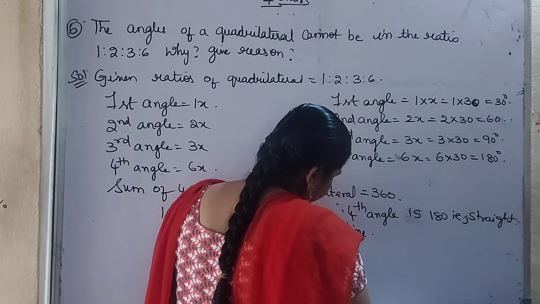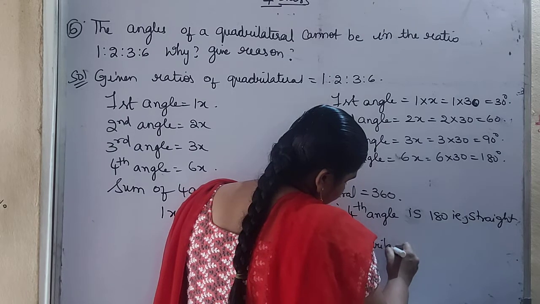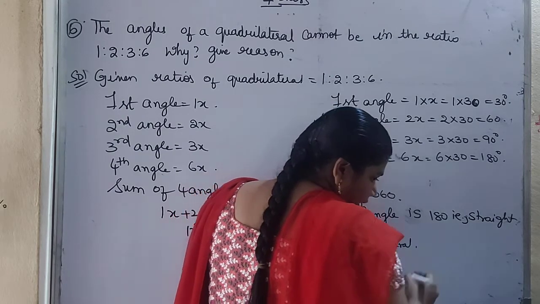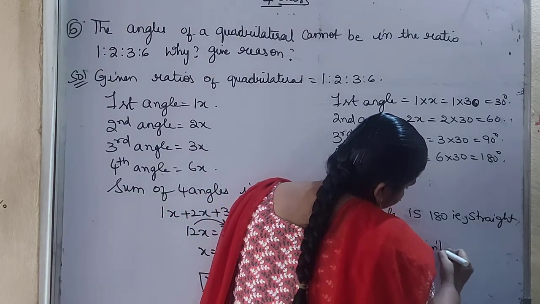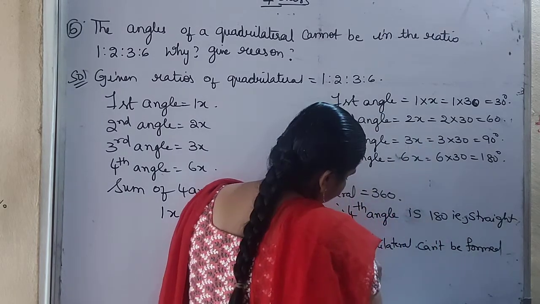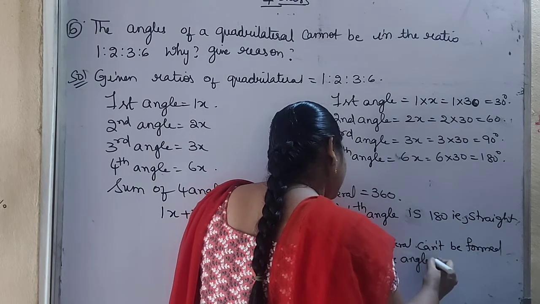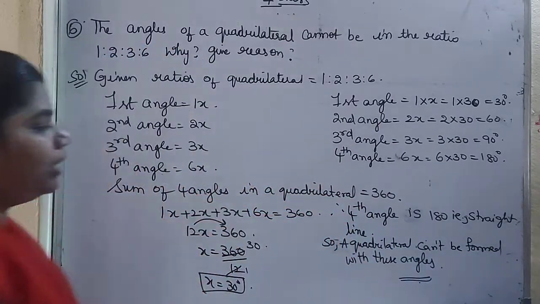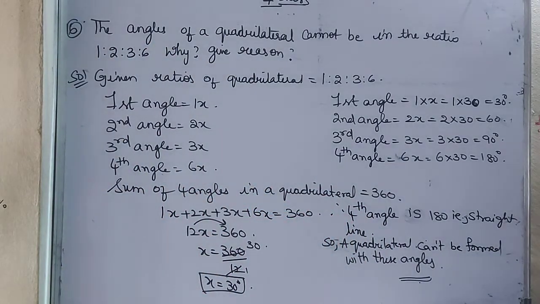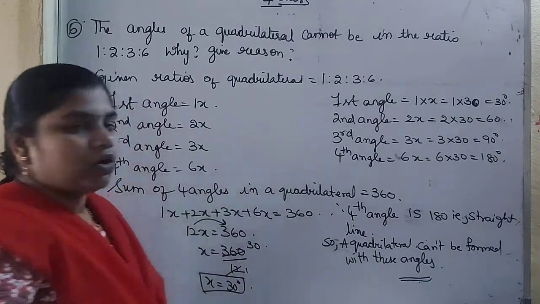So a quadrilateral cannot be formed with these angles. With these angles a quadrilateral cannot be formed because the last angle is in the form of what? Which angle is it? That is a straight line, equal to 180 degrees. So a quadrilateral cannot be formed.